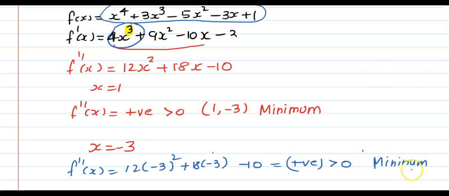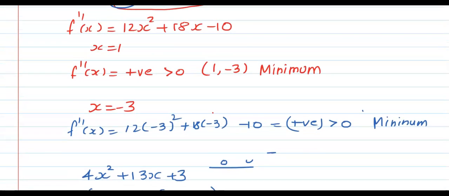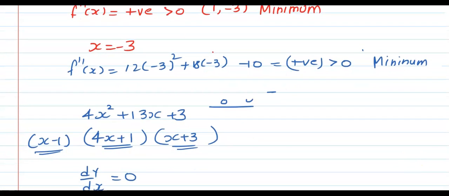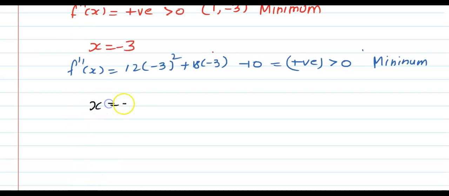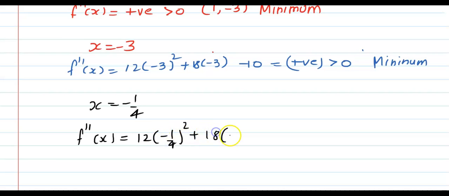And the last value we need to put is minus 1 over 4. If we put x equal to minus 1 over 4, f double dash x will be 12 times minus 1 over 4 square plus 18 times minus 1 over 4 minus 10.